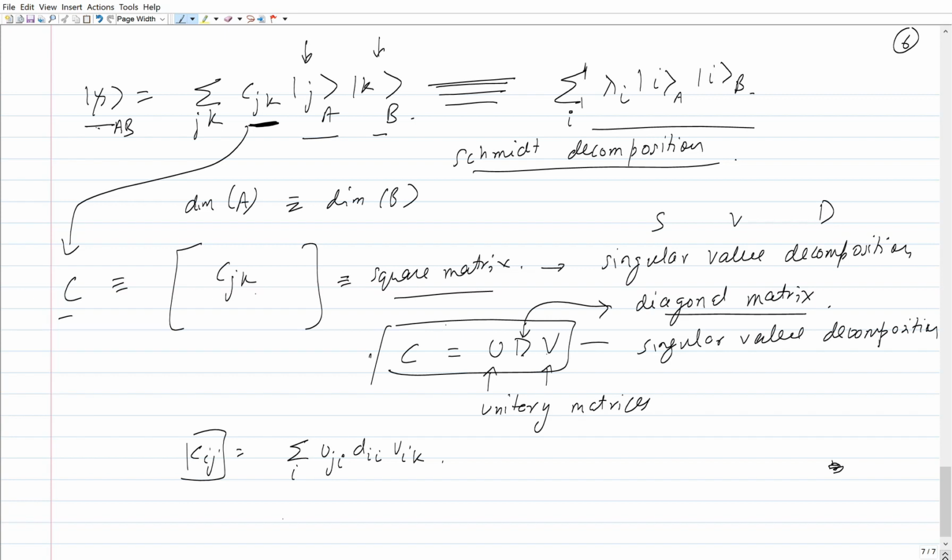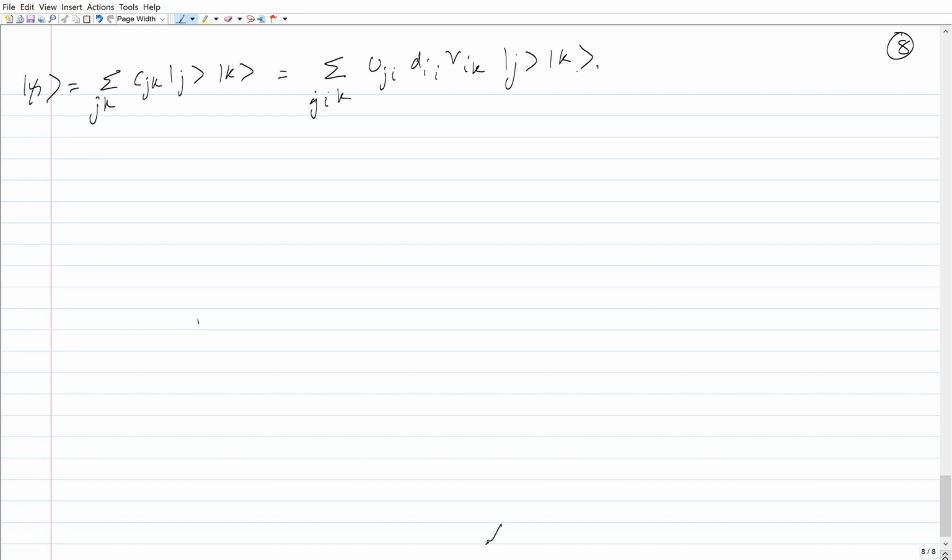So I'm just going to express my quantum state as the sum, which is just expanding the coefficient Cjk using the singular value decomposition, and now the summation of this entire quantum state psi is on j, I, and k coordinates.